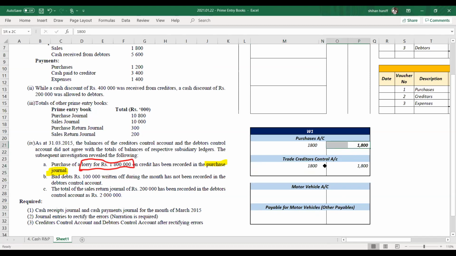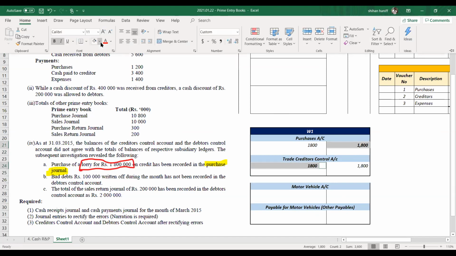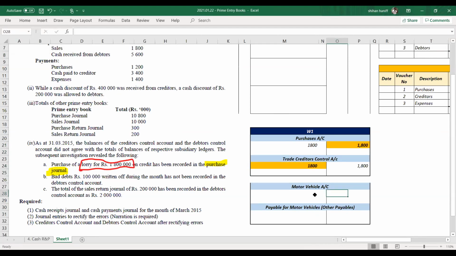That's the removal entry. Then you have to record the correct entry. Correct entry is motor vehicle account debit, other payable credit. So that's the correct double entry.